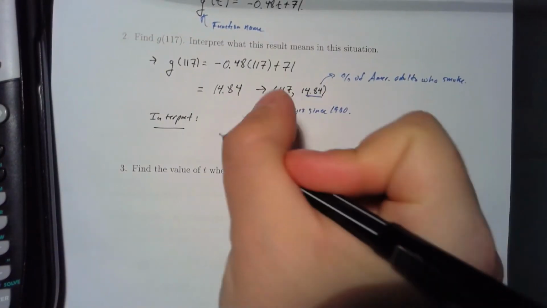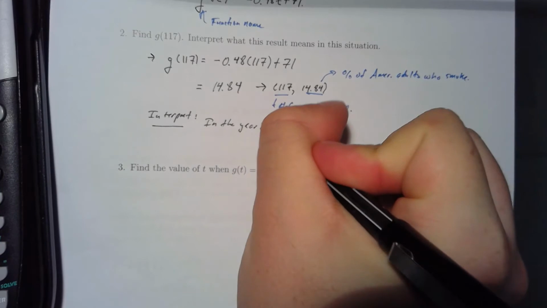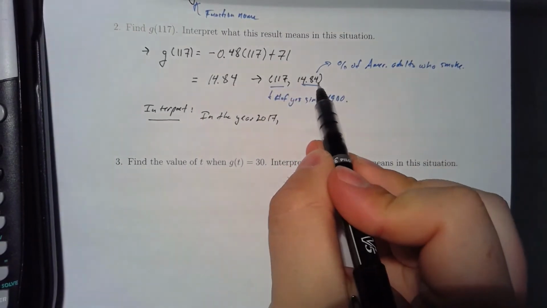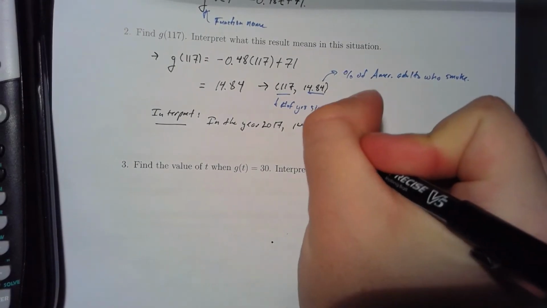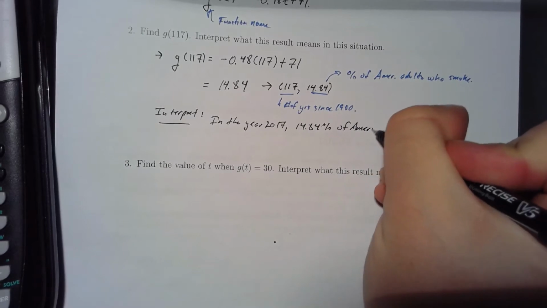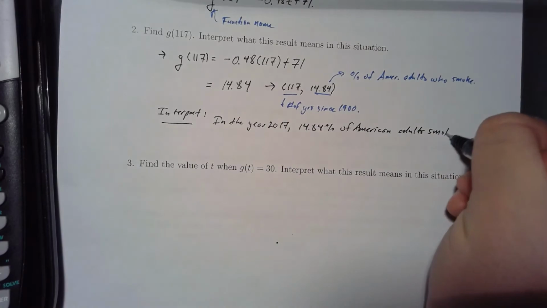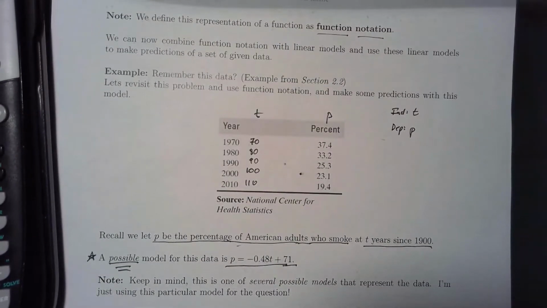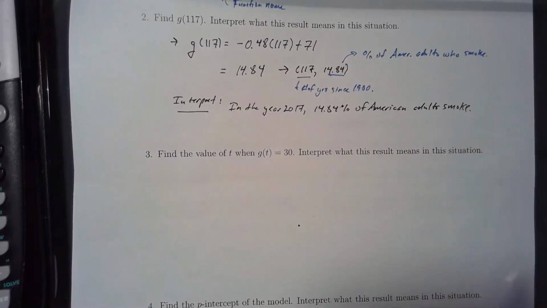So, interpret. In the year 2017, 14.84% of American adults smoke. And they just say smoke. It doesn't say smoking cigarettes or smoking cigars. It just says smoke.